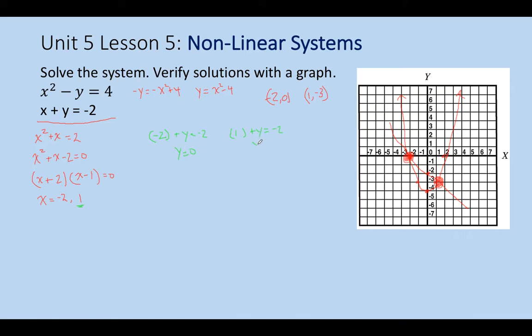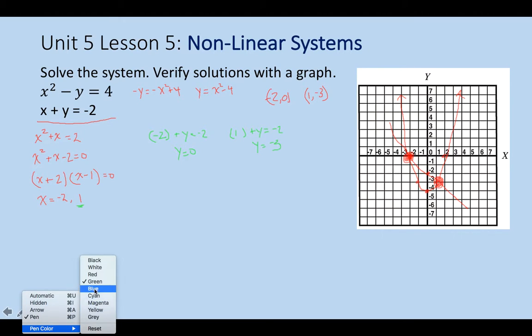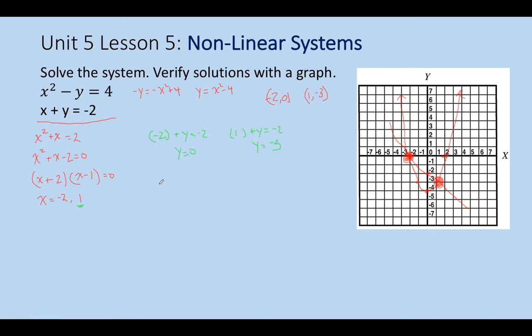Subtract the 1 from both sides, and I get y equals negative 3. So my final answer is when x equals negative 2, y equals 0. Hey, look, that's that one. And when x equals 1, y equals negative 3, ta-da, we got the matching one right there. And so there it is. That's a system of nonlinear equations.